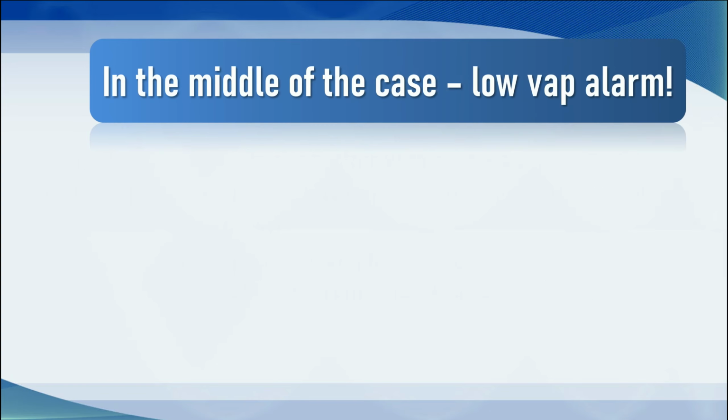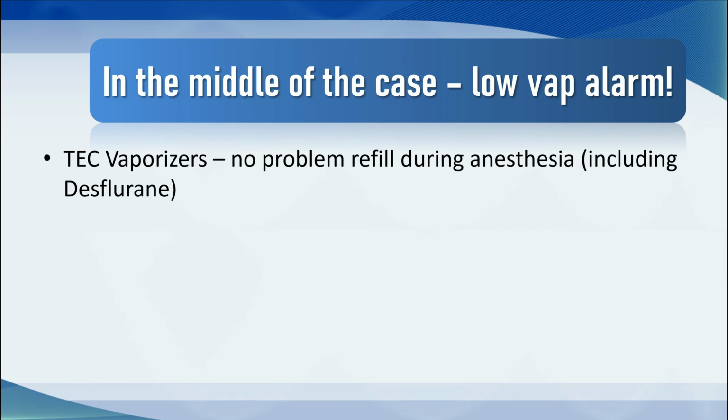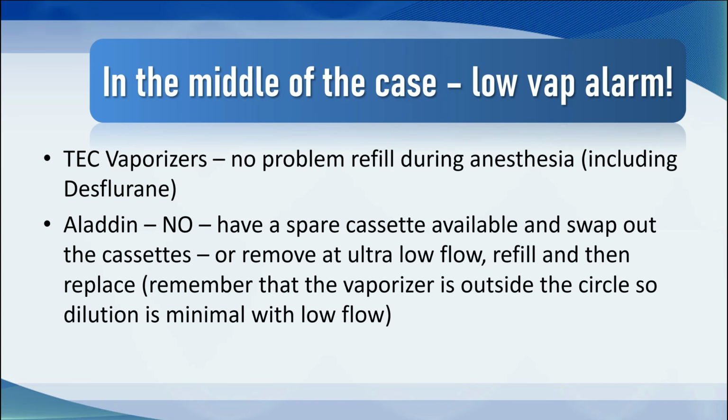But what happens if in the middle of the case the low agent alarm goes off? This may be a long case and you may have used up a lot of vapor. If you're using a TEC vaporizer, there is no problem. You can refill this during anesthesia, including Desflurane, but you should not do this for Aladdin style vaporizers. One should have a spare cassette available and swap out the cassettes during the procedure.